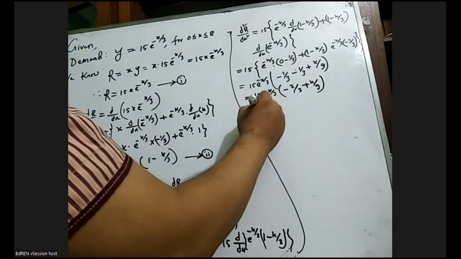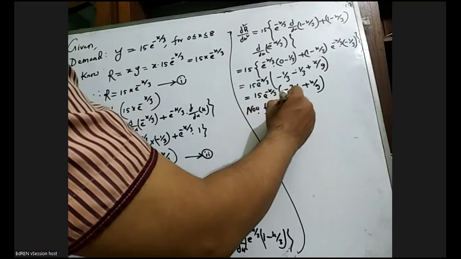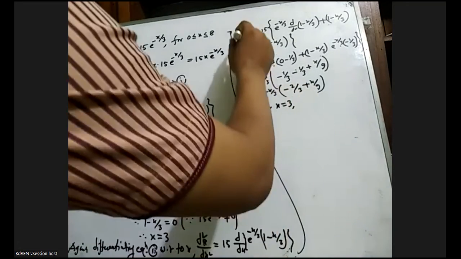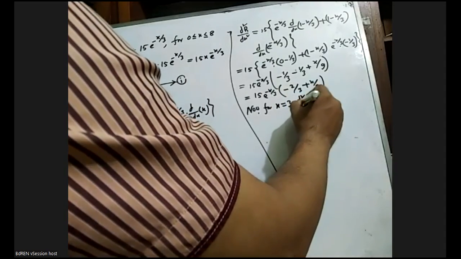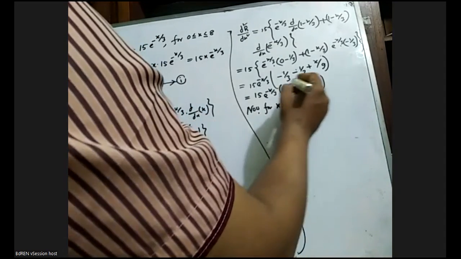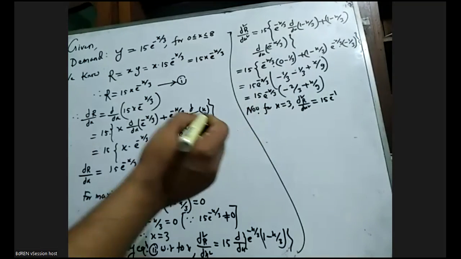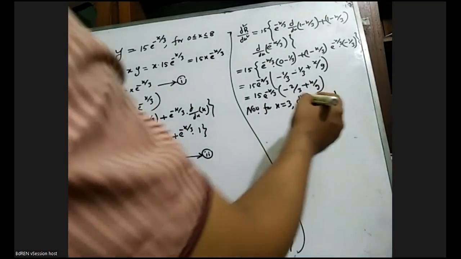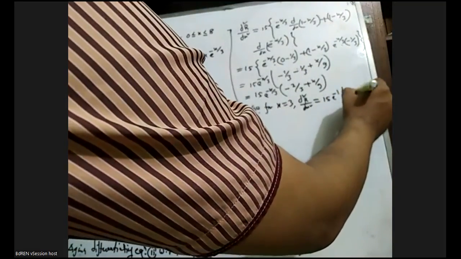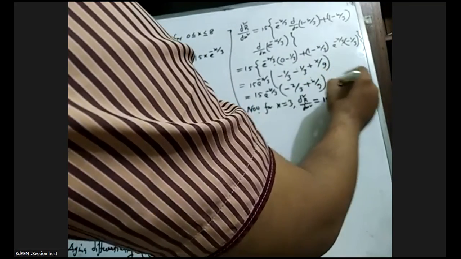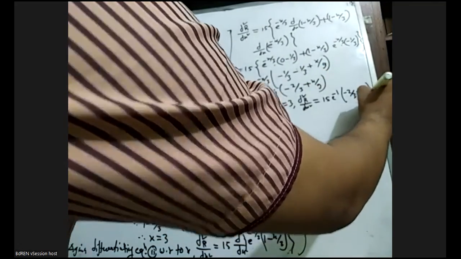Now for x equals 3, what will the second derivative value be? d square R by dx square equals 15 e to the power minus 1, and this value will be minus 2 by 3 plus, putting x equals 3, 3 by 9 means 1 by 3.